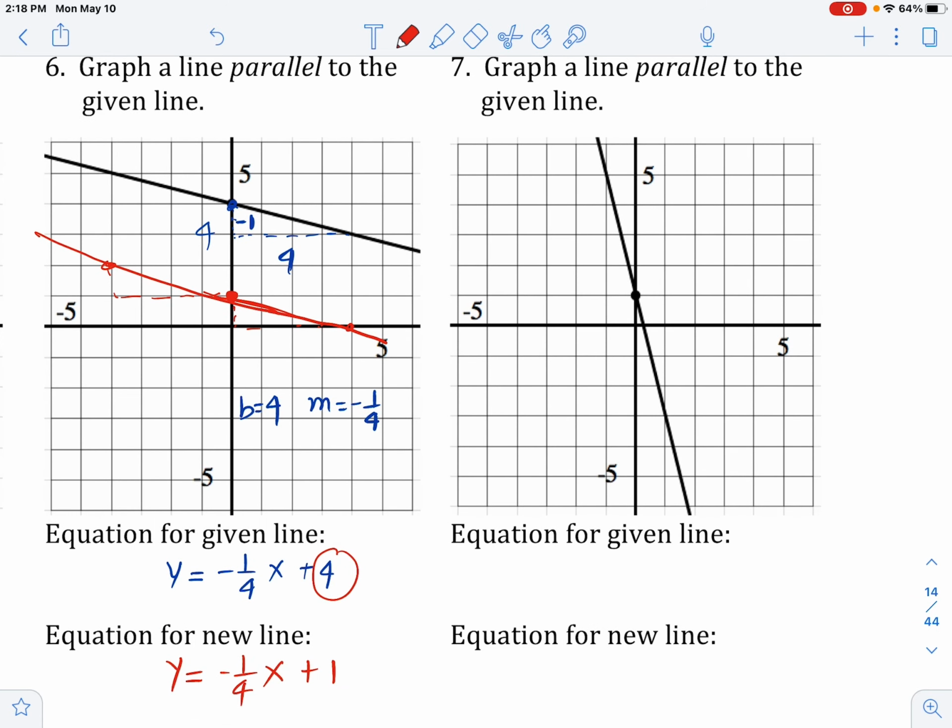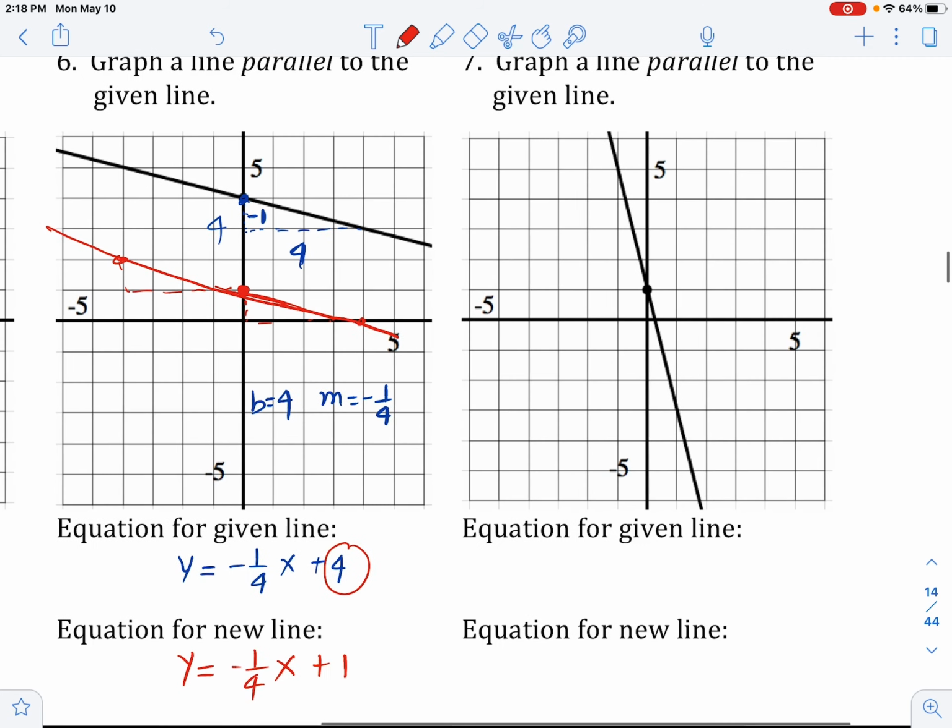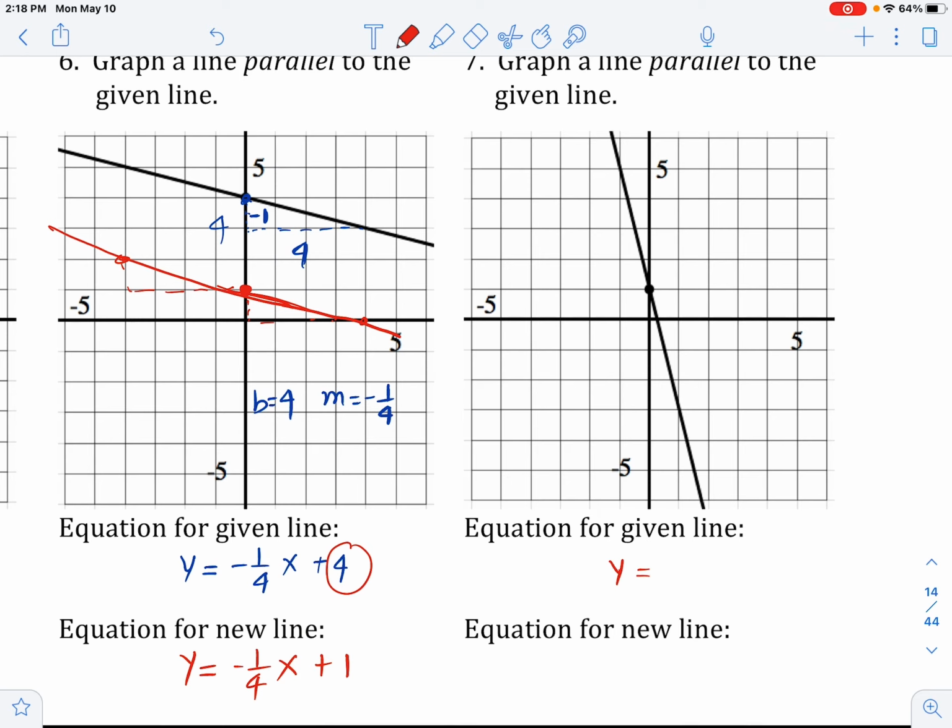If I'm drawing for this one, possibly first for the given equation, that's negative 4x plus 1, an equation for the new line. If I'm drawing my line something like, if it is here, I do see it's going down by 4, run by 1. For the given line, it's go down by 4 and run by 1. So same thing I could do there for this line.